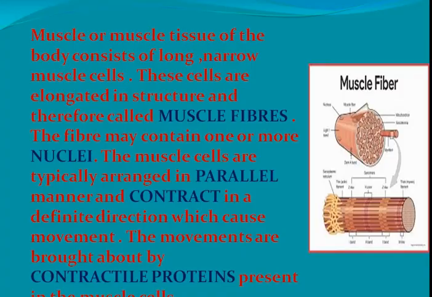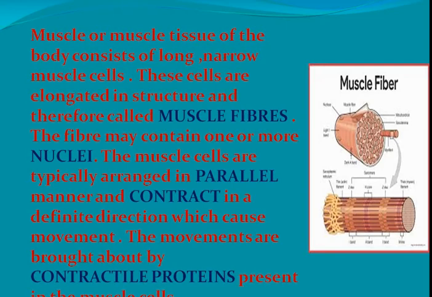Now, let us discuss the characteristics of the muscle tissue. The muscle tissues of the body are very long, narrow cells. So one muscle is made up of many muscle cells.